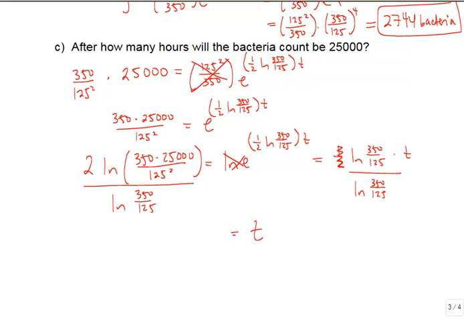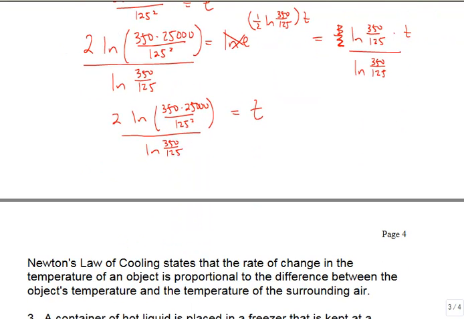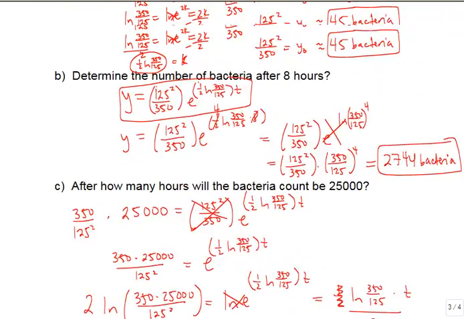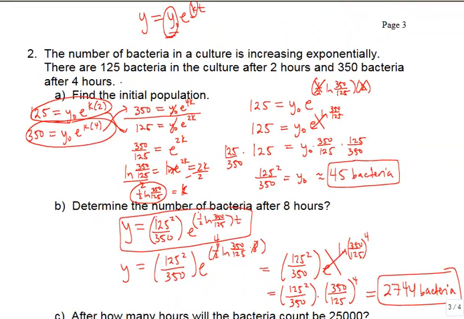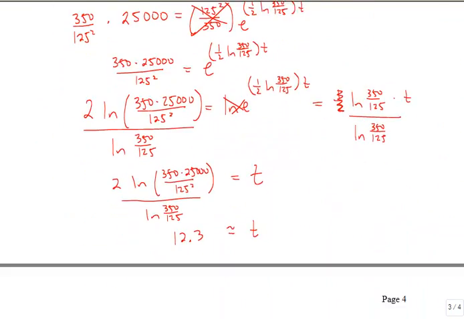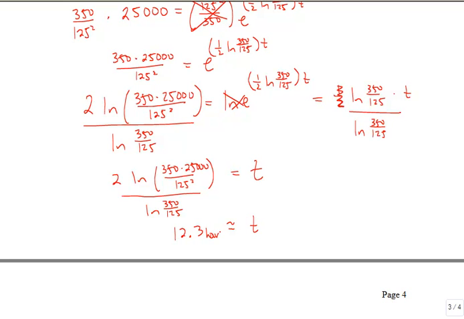So t is going to be 2 ln of 350 times 25,000 over 125 squared, all over ln of 350 over 125, and then punch that into your calculator, and you get approximately 12.3. The units on this should be the same units that were being used throughout the rest of the problem, and these were all given in hours. So this is going to be about a little over 12 hours before our bacteria population reaches 25,000.